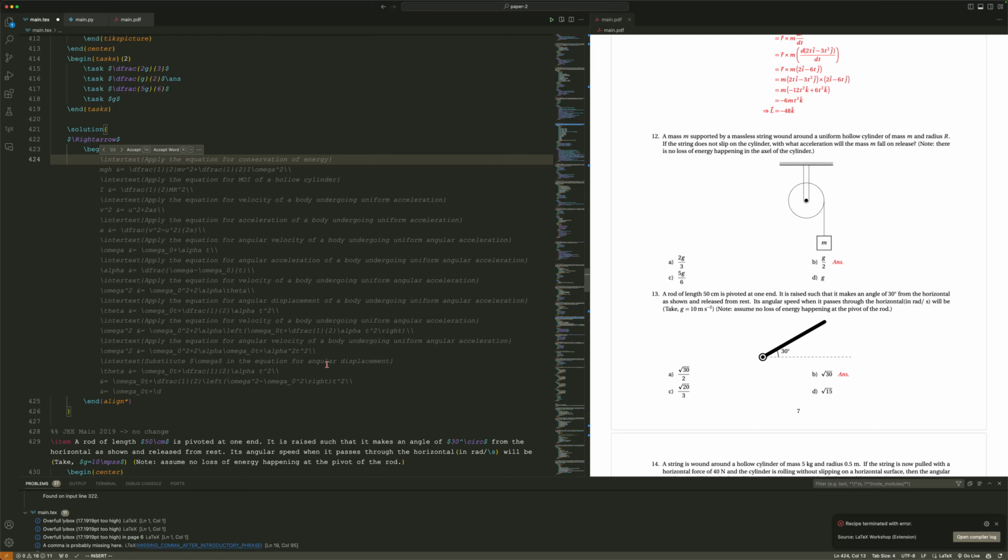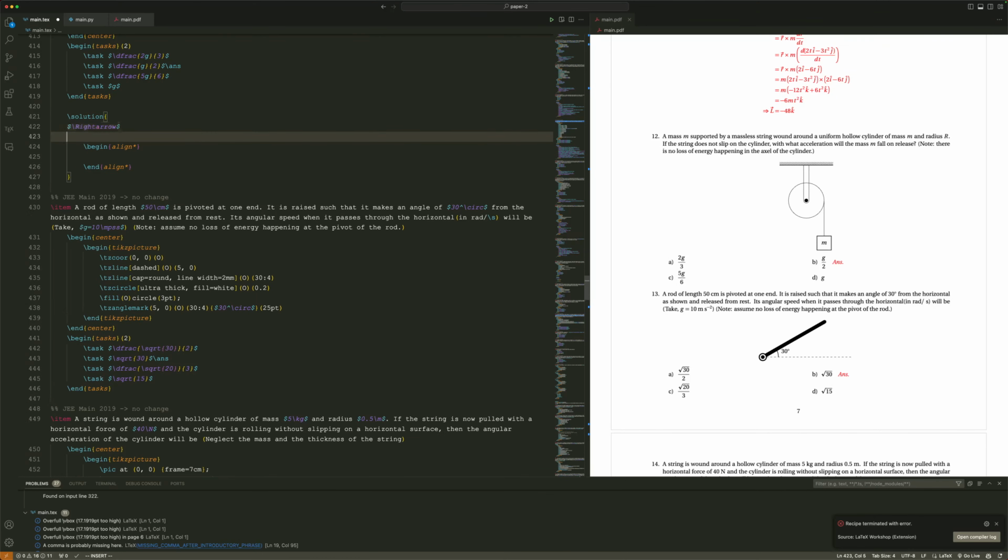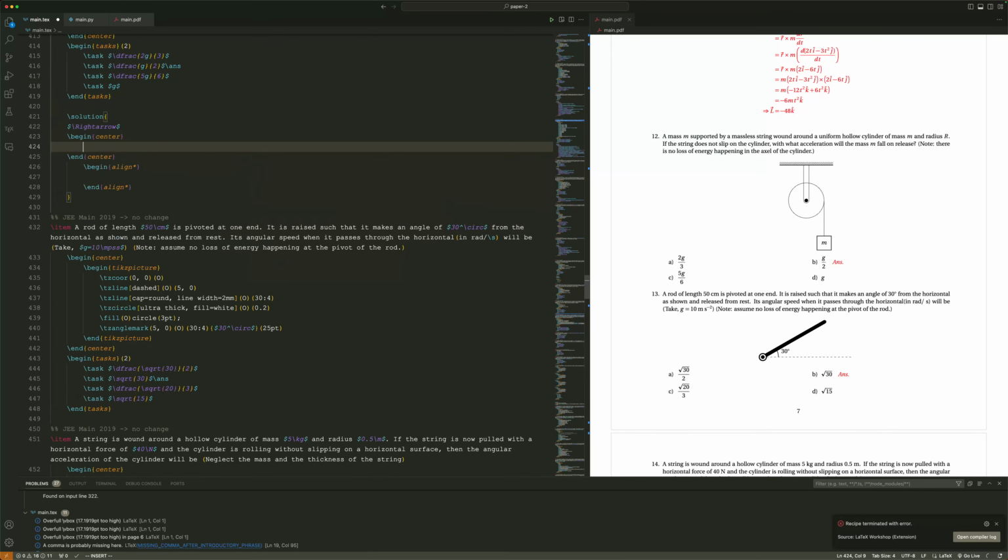No, I think energy conservation will not solve the problem. Yes, that will help, but I think that will be much longer because it's asking for the acceleration. So we just have to apply torque equals I alpha. That's it. Actually, we have to draw some diagram that will clear the idea. So let's begin with center and take a picture.